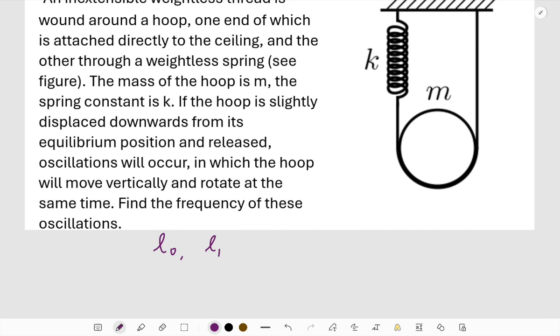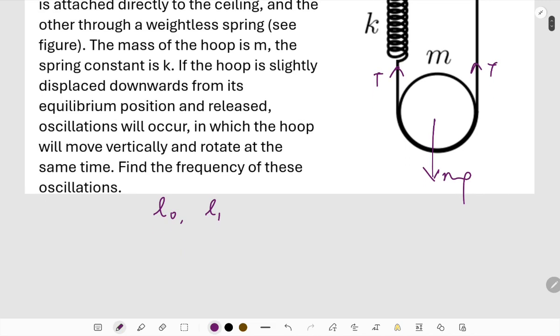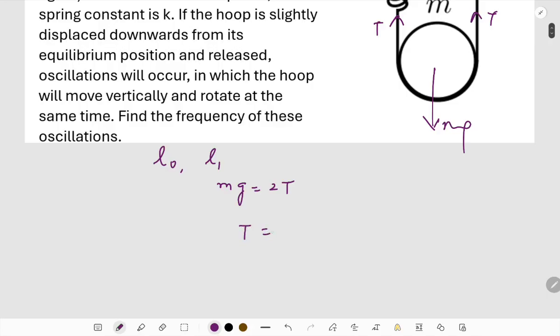So I would like to write the condition of equilibrium in terms of forces. You can see here two forces act, mg and the tension in the string, so the equilibrium condition can be written as mg equals 2T, and T here is k(L1 minus L0), since the change in the length of the spring is L1 minus L0.